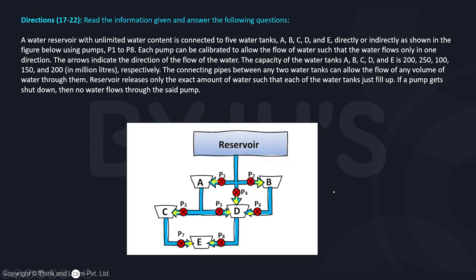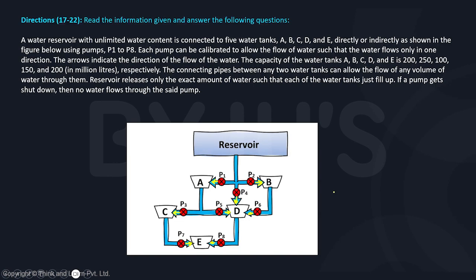The best way to solve this is to draw a table wherein we talk about each of these 5 tanks, their capacity, which inlet pumps are attached to that particular tank, what is the amount of water getting in and what is the amount of water getting out.